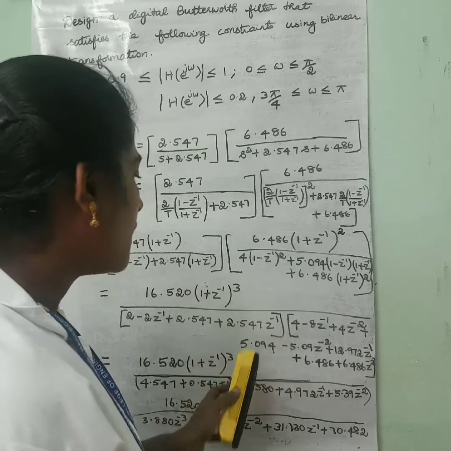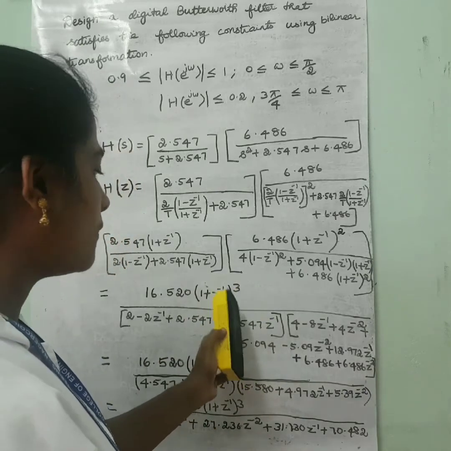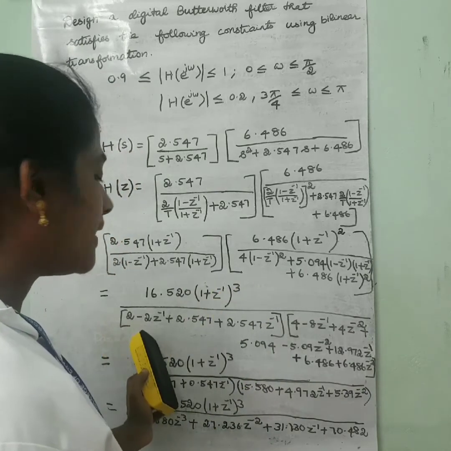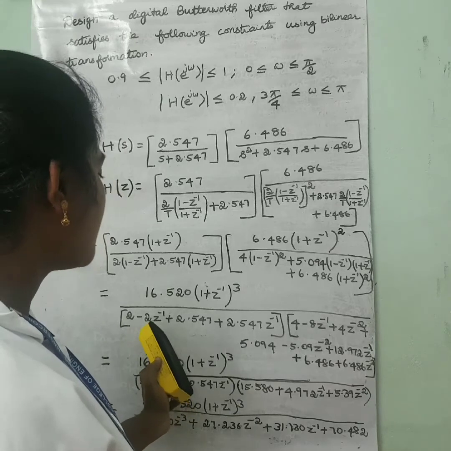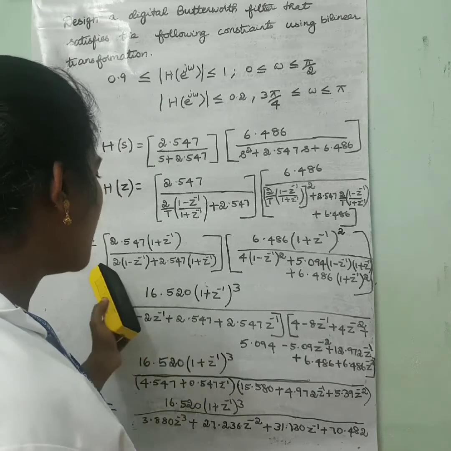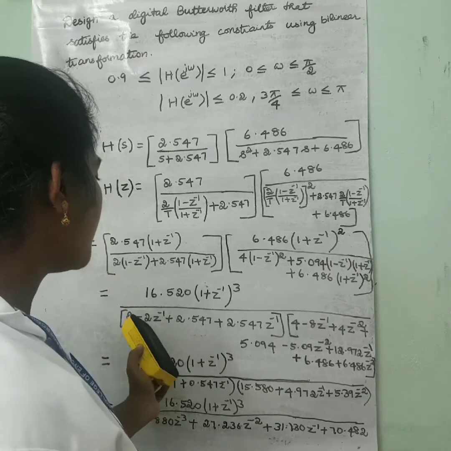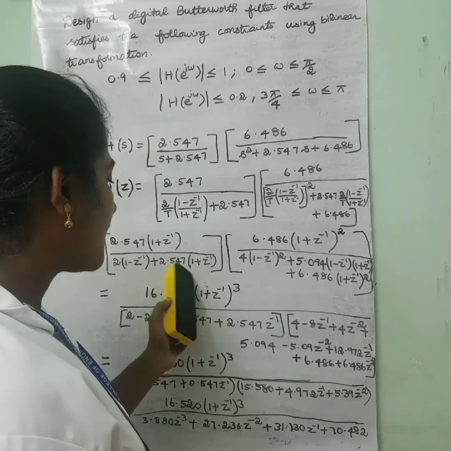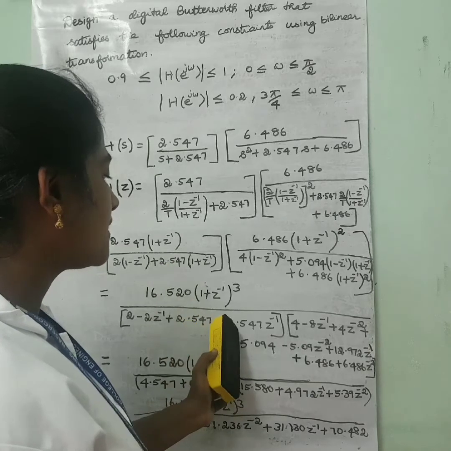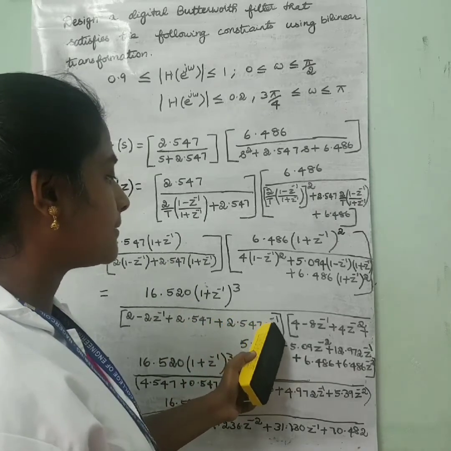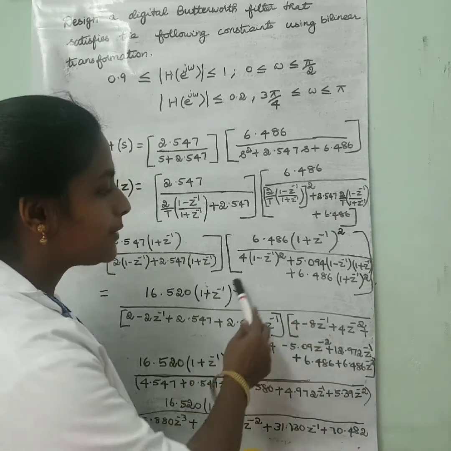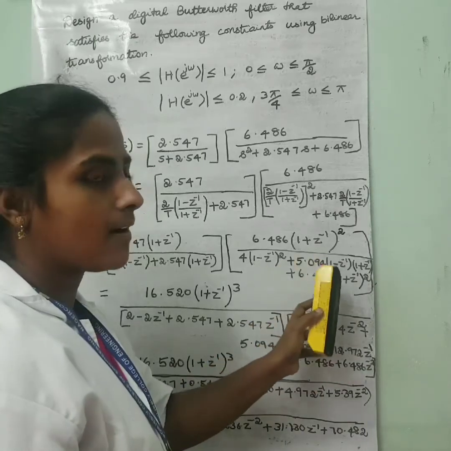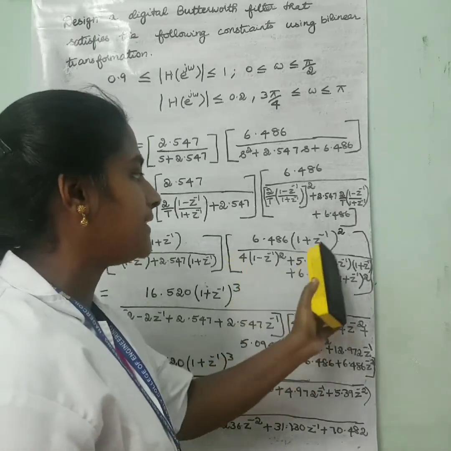So you will get 16.520 into (1 plus z power minus 1) the whole cube divided by 2 minus 2 into z power minus 1, plus you multiply this 2. So you will get 2 minus 2 into z power minus 1 plus 2.547. Here also you multiply inside. So you will get 2.547 into z power minus 1 into, here you expand, okay? You expand all the values and you multiply these values.